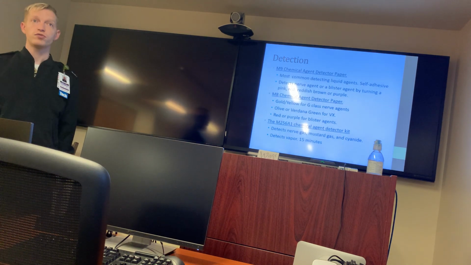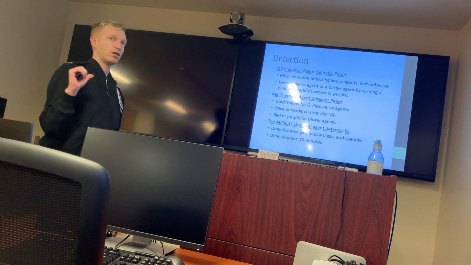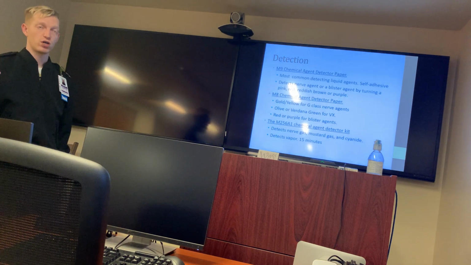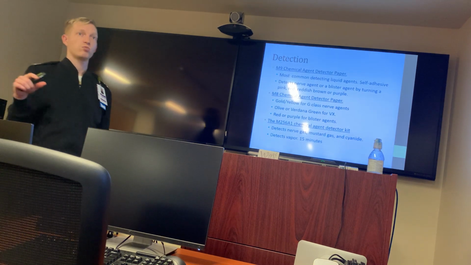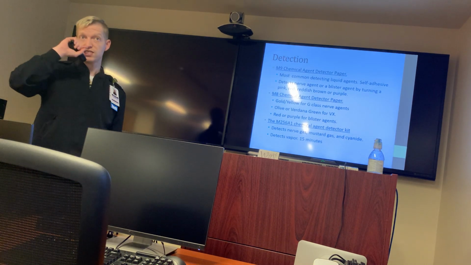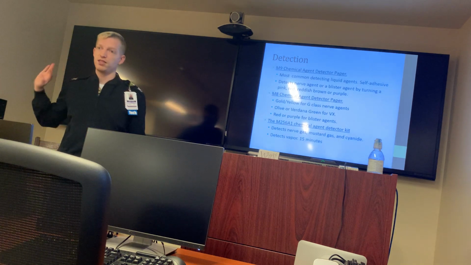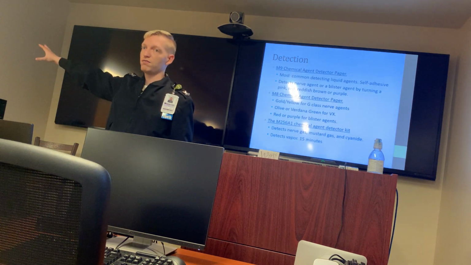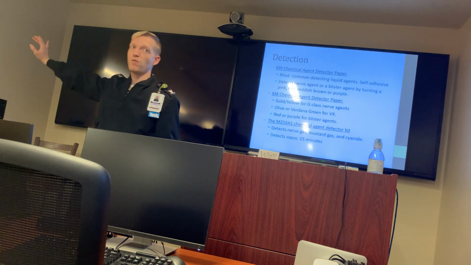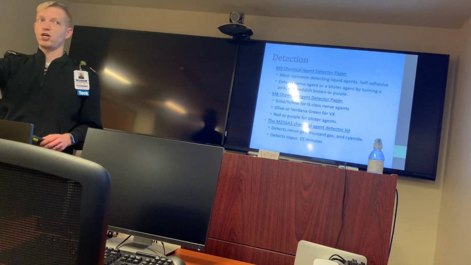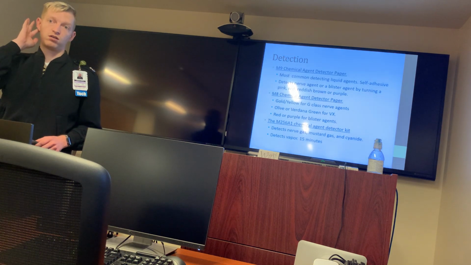It detects nerve agent and blister agent by turning pink, red, reddish brown, or purple. It's self-adhesive, so you peel it off, stick it to a wall, and walk away, then watch and wait for it to detect if there's something going on. If it turns pink, red, reddish brown, or purple, you know you've got a nerve or blister agent. Oh, I know the greenish brownish too.